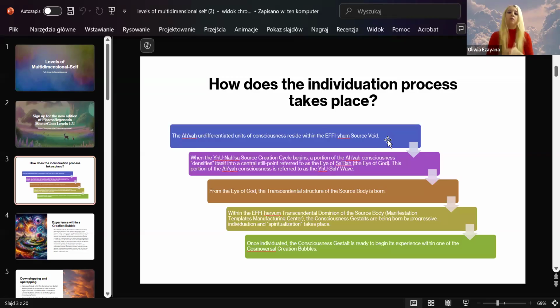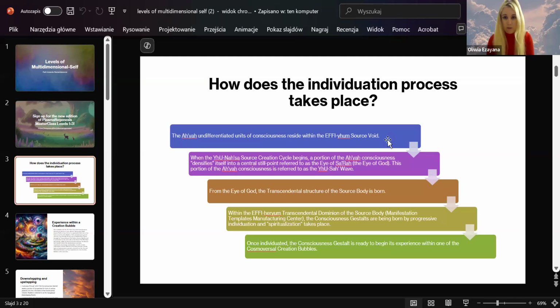And from that still point, the Yusa wave re-emerges, and that Yusa wave is already, in a way, individuated, still united with the source consciousness, but already holding a certain level of individuation.